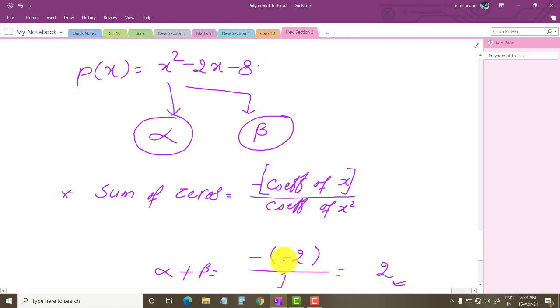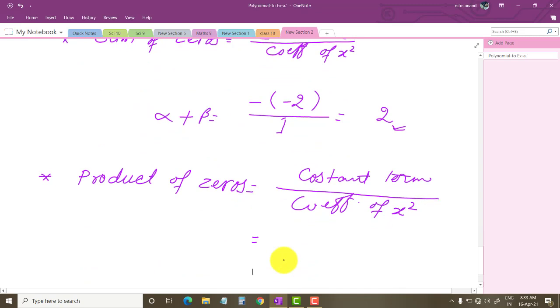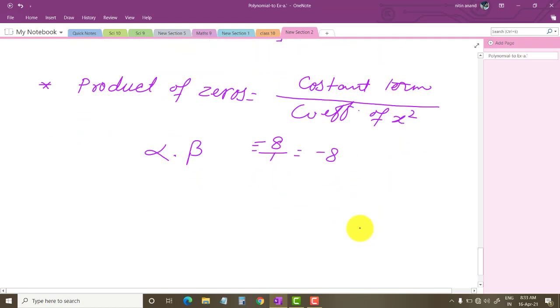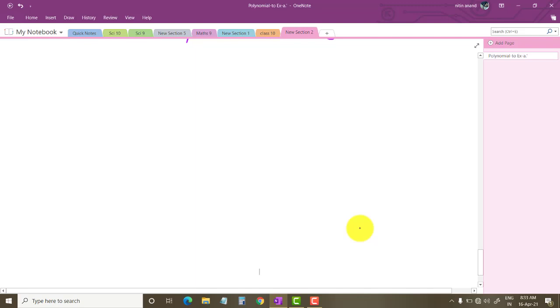Our constant term is minus 8. So the product of zeros, that means alpha into beta, is equal to the constant term, minus 8, by 1. This means minus 8. Clear? But this is only one example. Now see the full concept of this polynomial.